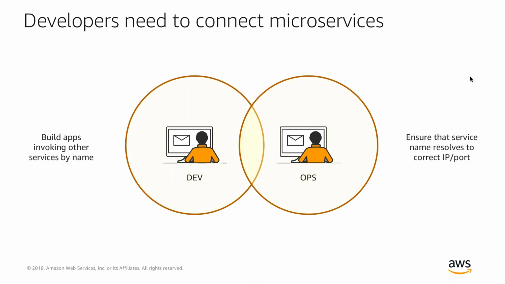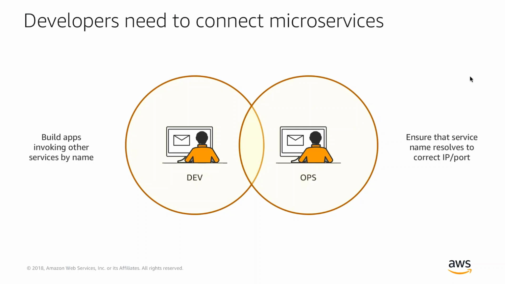And then from the operations perspective, if I'm operating a bunch of microservices in my cluster or as part of my environment, how can I ensure that I can provide a name? And how can I ensure that it resolves to the right IP address and port? Make sure there's no conflicts, even if I'm running, for example, Docker containers that have been packed onto my instances.